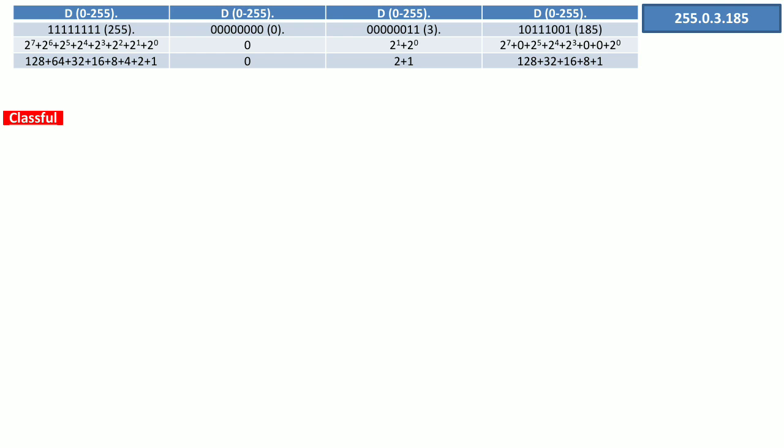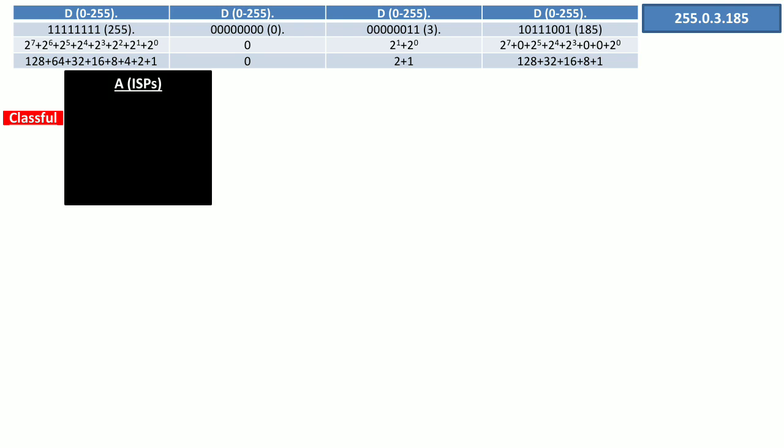Now once we talk about classful IPv4 addressing, this classful IPv4 addressing has 5 classes from A to E, that is class A, class B, class C, class D, and then class E. In class A, the decimal value in the first octet ranges from 1 to 126.